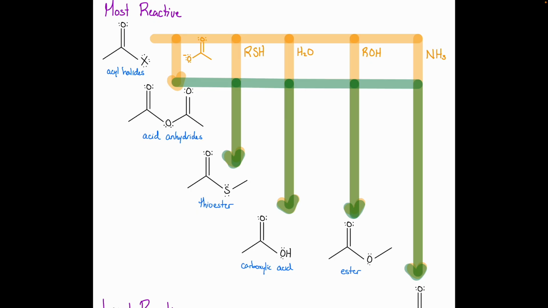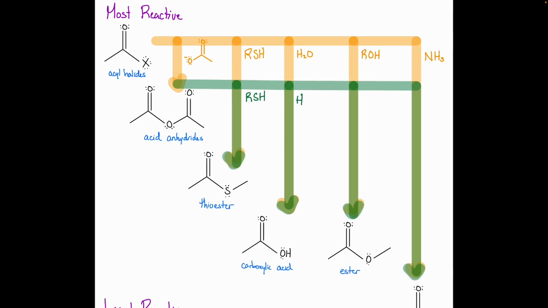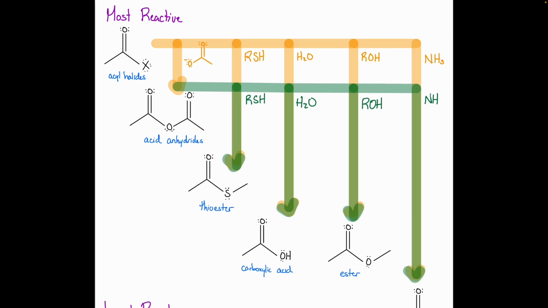All right, playing the same game. If I took that acid anhydride and added in a thiol, I would get a thioester. If I added in water, I would get a carboxylic acid. And if I added in an alcohol, I would get an ester, or ammonia to get that amide.